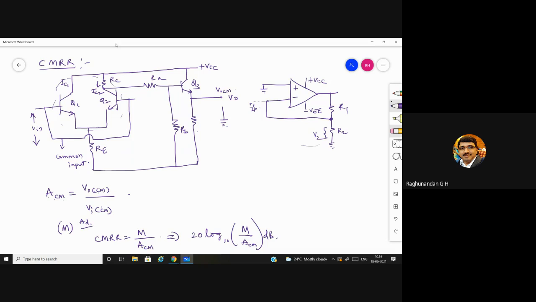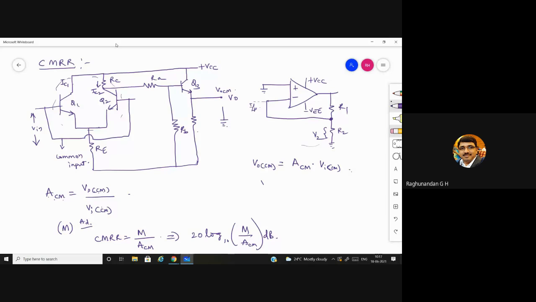So V0 CM, our original formula, V0 CM is equal to ACM into VI CM. So common mode gain into common mode input.